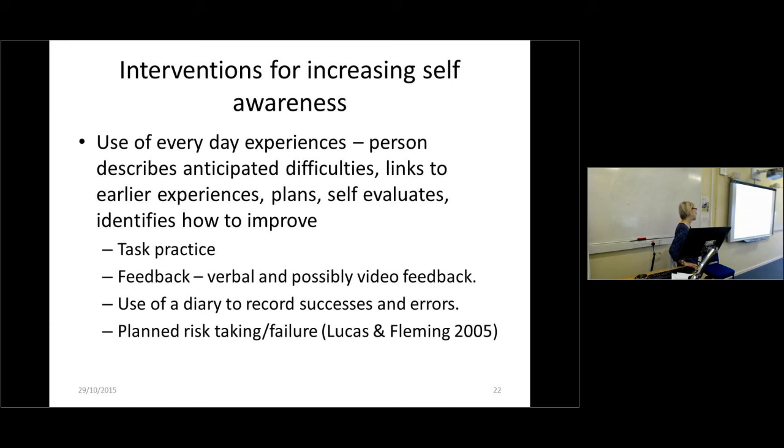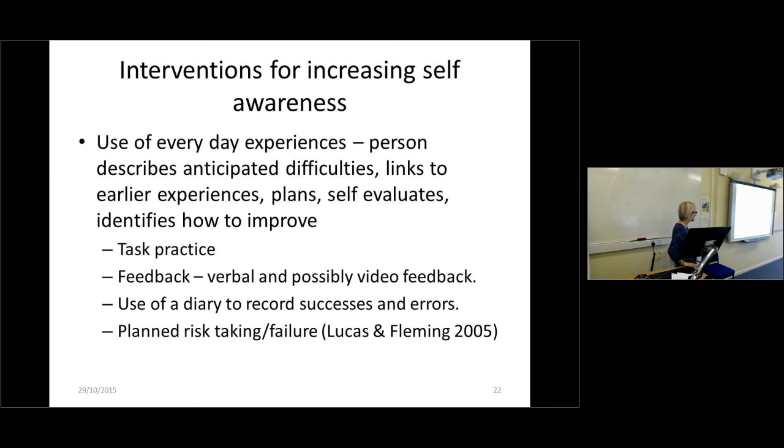And then you might do things like planned risk taking. So the client I worked with who kept getting lost, when she was an inpatient, they had done quite a lot of work with her on her community mobility, not just finding a way around, but managing different kinds of ground, crossing roads and those sorts of things.